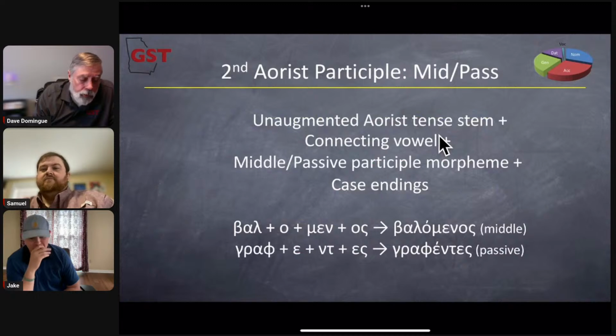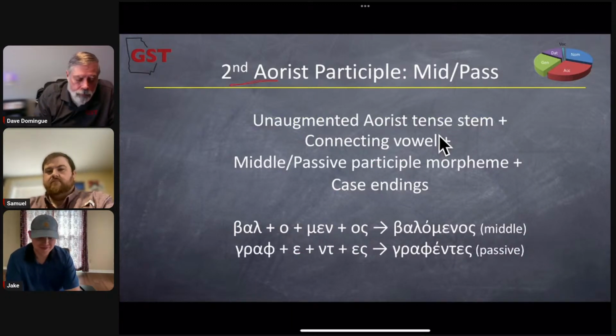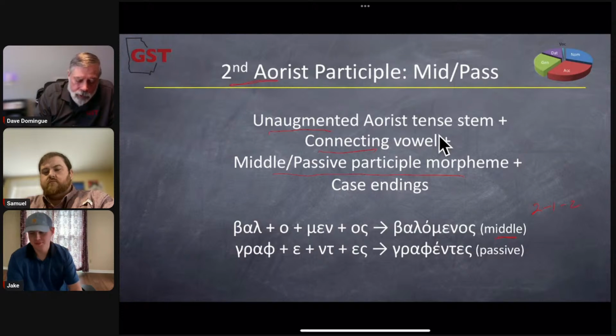Nothing new. Now the second aorist, all right: swim, swam, swum, still unaugmented. We're going to use a connecting vowel still, not the tense formative. We're going to use the middle passive participle morphemes. For the middle, we're staying with the 2-1-2 declension pattern for our case endings, right?